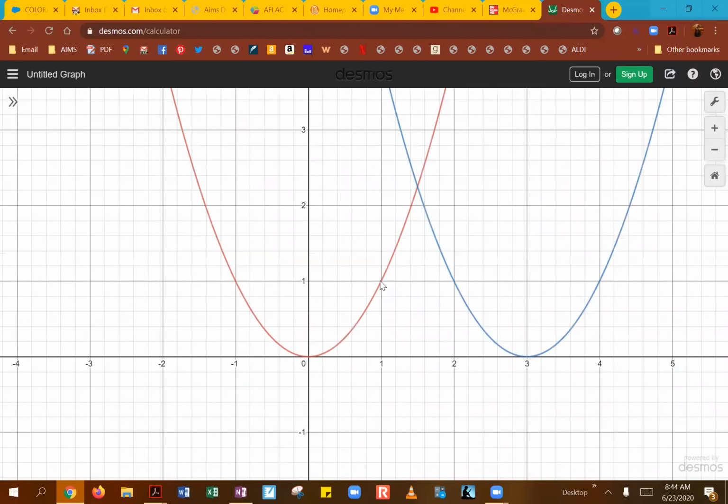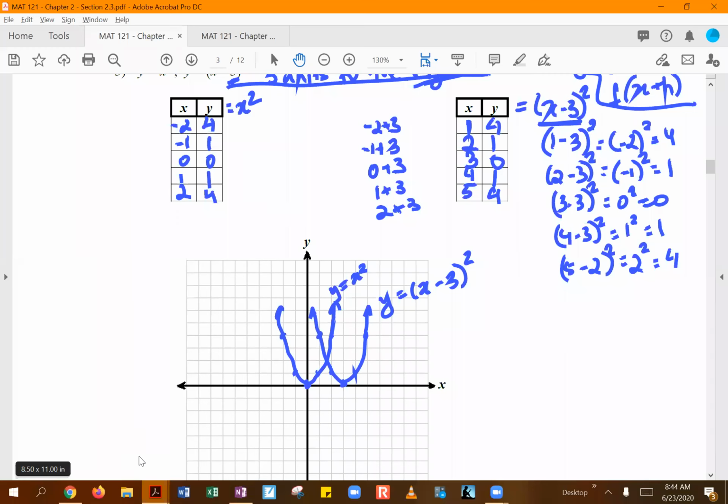If you just look at these points over here, you've got 1 and 1 over here, and this same point has now moved 3 units to the right, and of course you should be at 4 and 1 over here. So each of these points, you can try and do that on your function, and you will notice all the points on your graph move 3 units to the right.